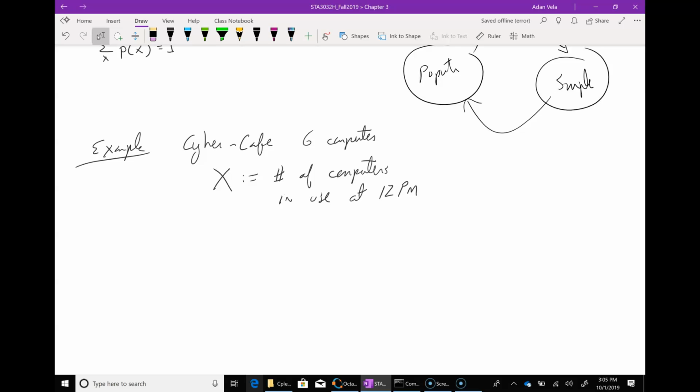And I'm going to say the number of computers x in use, and this little x goes from 0 to 6. And what I'm going to tell you is that the probability of any value of x has a specific value.